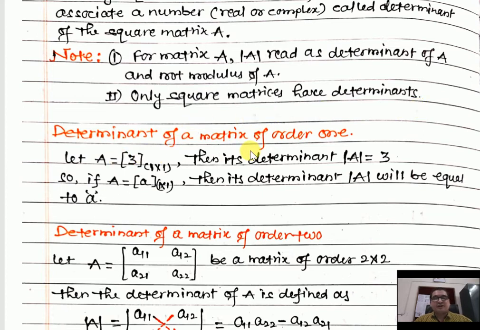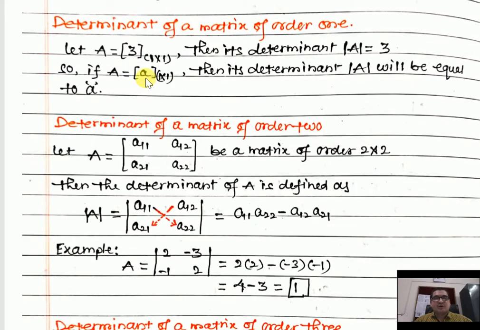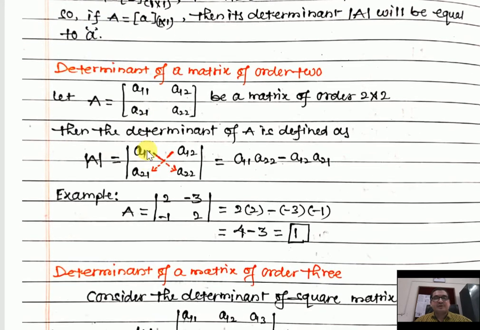Determinant of a matrix of order 1: how will you write it? If A equals the matrix [3], 1 by 1, then its determinant will be 3. If A equals [a], then its determinant will be a only, meaning the matrix sign will go away.